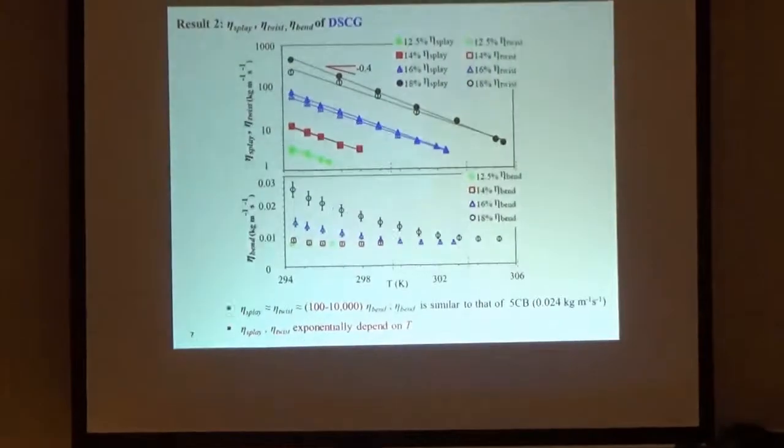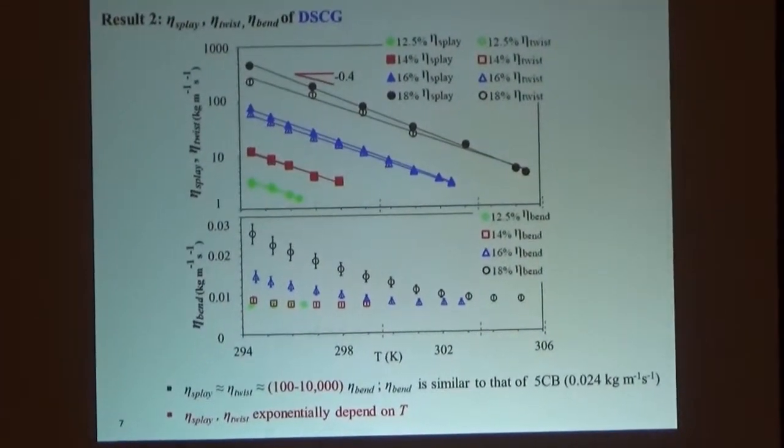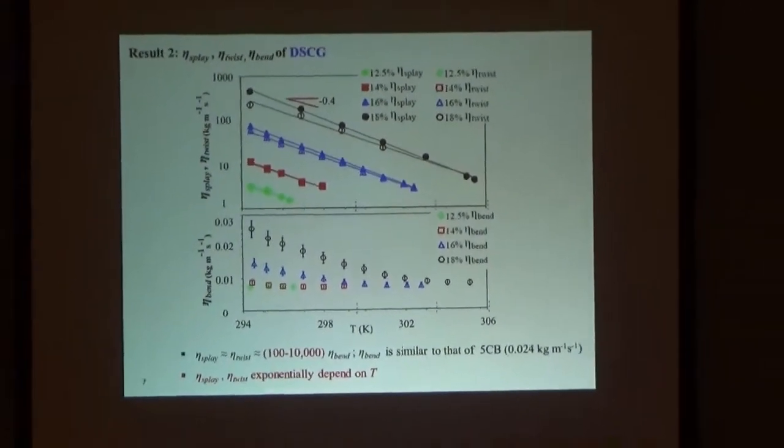So the dynamic light scattering gives us direct access to the viscosity. Here the result is even more astonishing.